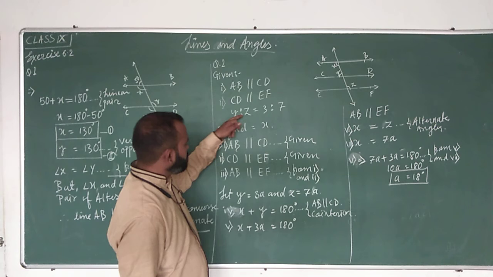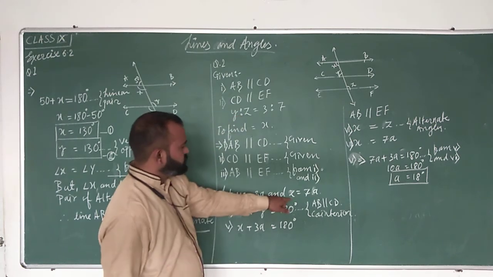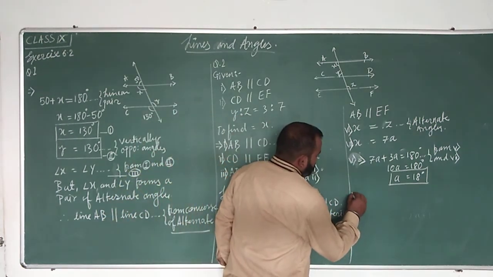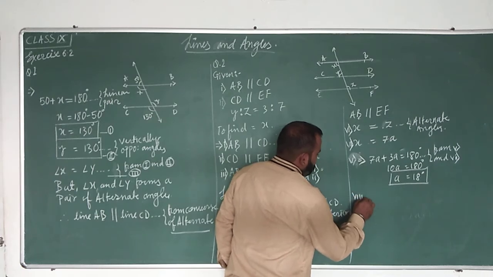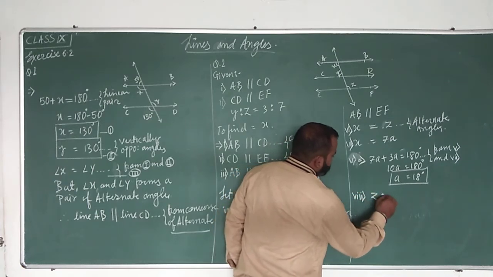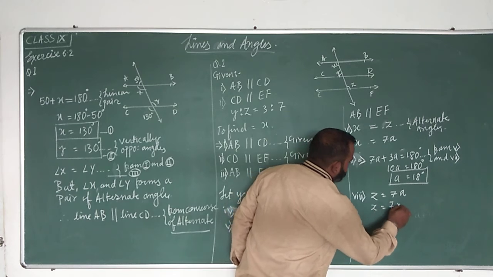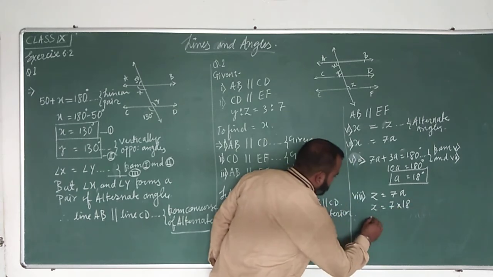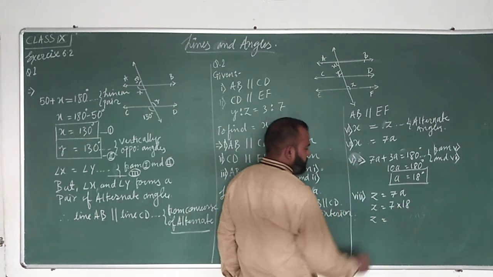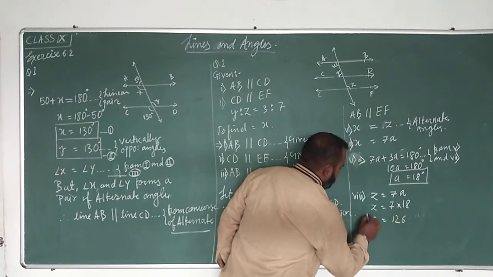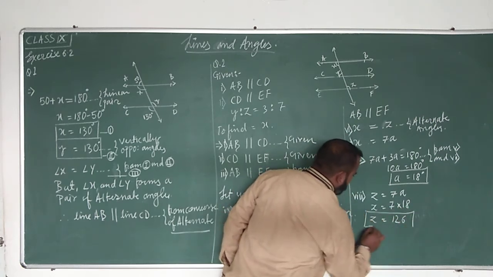Z we have taken 7a, so z is equal to 7 into 18. Multiply this, 7 8s are 56, 5 7s are 35, 35 plus 5 is 126 degree.